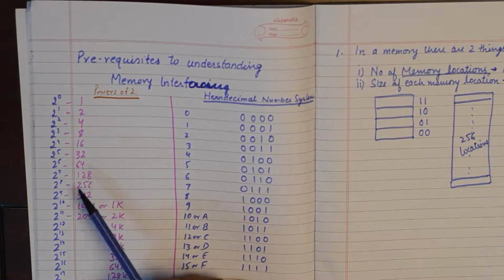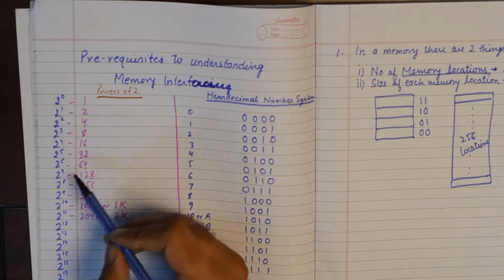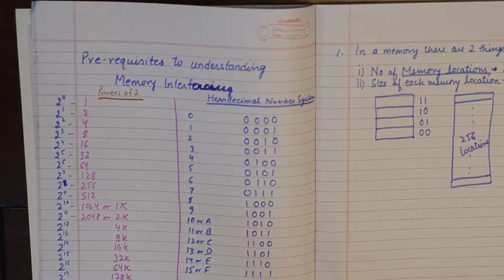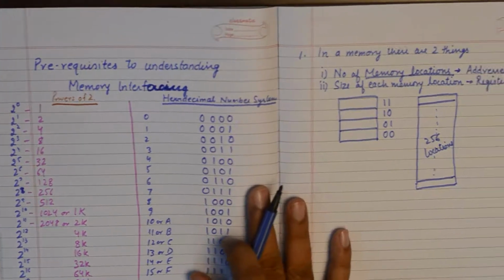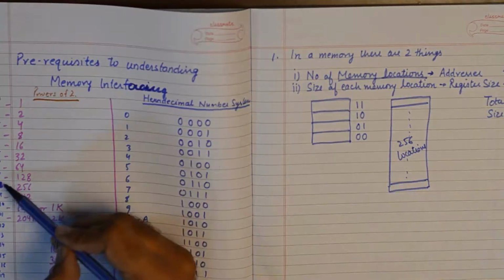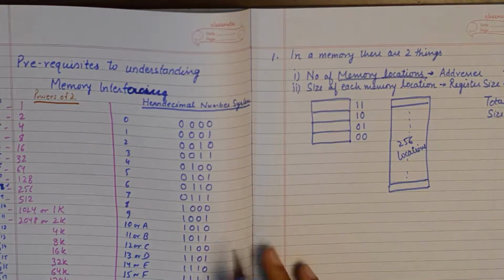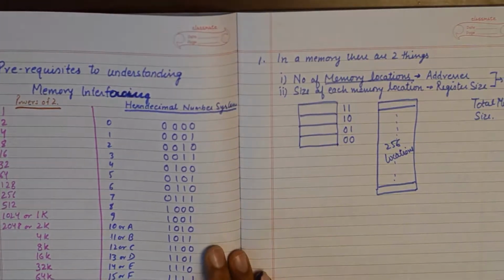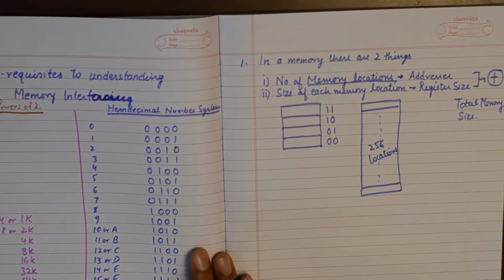Over here we see that 2 raised to power 8 is 256. So we know that 8 different bits are required to specify each memory location uniquely.